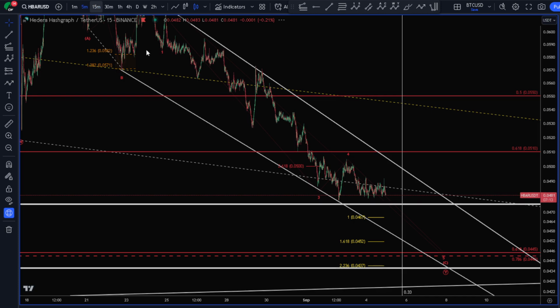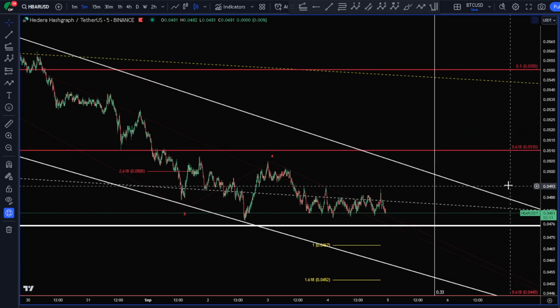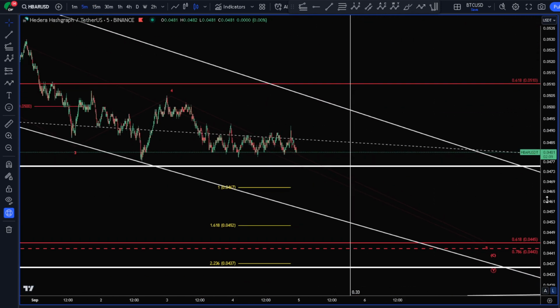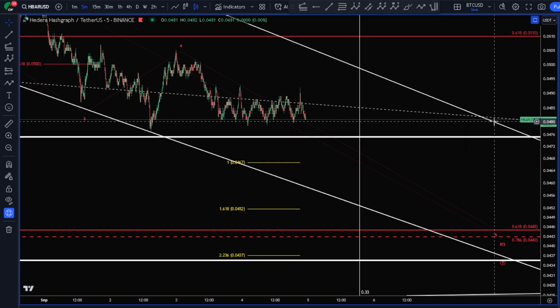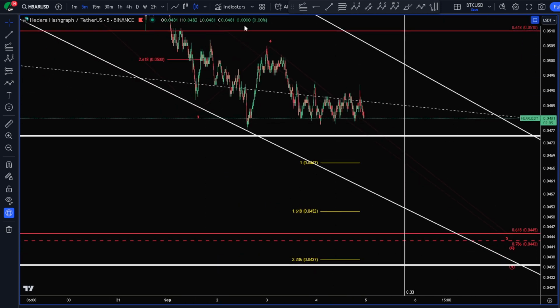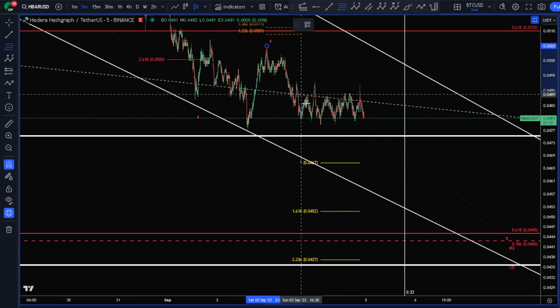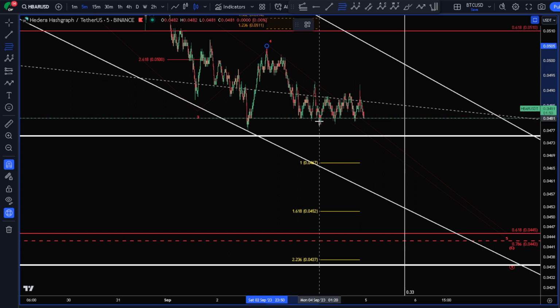zooming right down, let's go to the 5-minute, working on our 5th wave here. Looks like we have 1, 2, 3, 4, 5. Right here is our wave 1, wave 2 up. See which fib levels we hit there. Sorry guys, I didn't put this in yet.